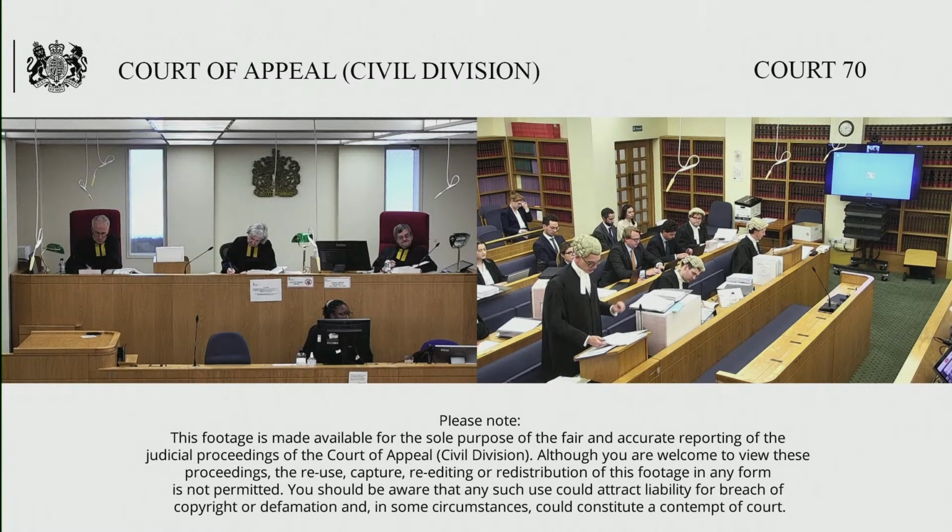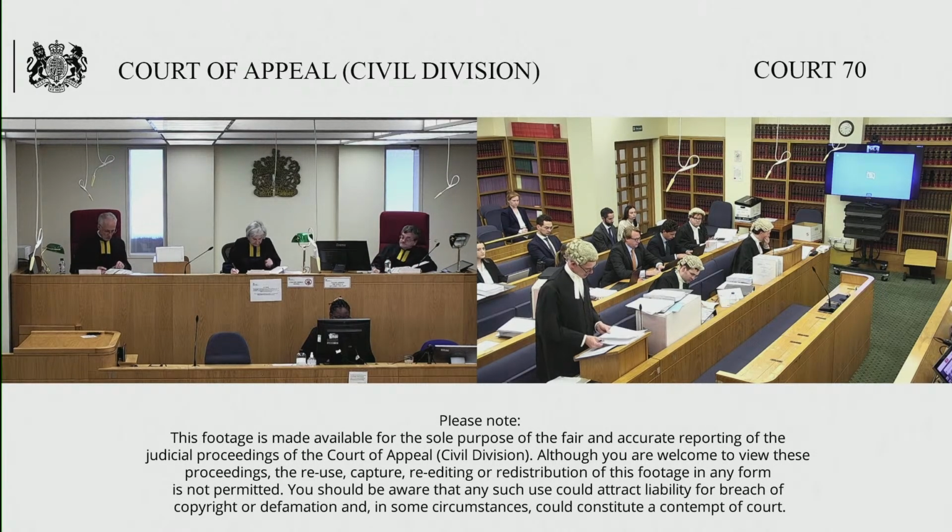And if one then goes to two provisions which, in my submission, reinforce that conclusion. The first of those is Rule 6.38. And Rule 6.38 is dealing with service of documents other than the claim form, permission.